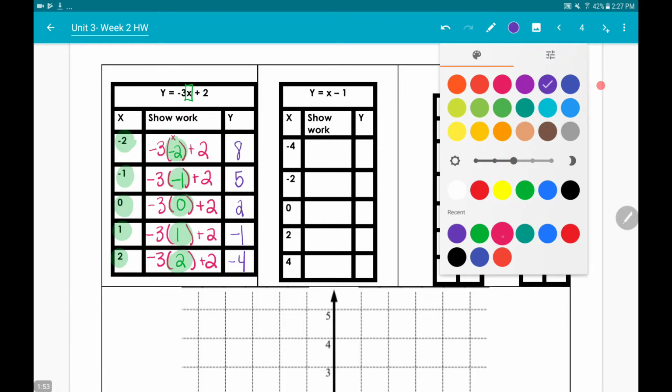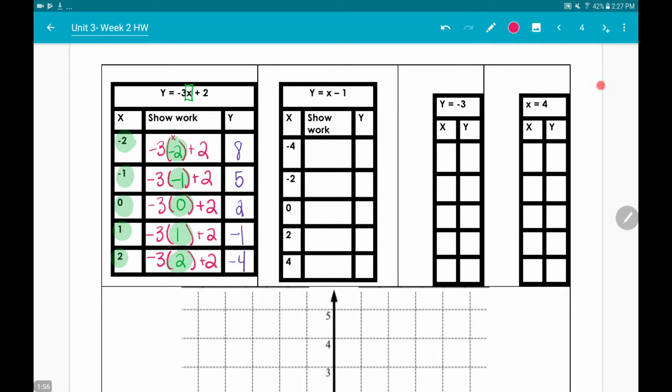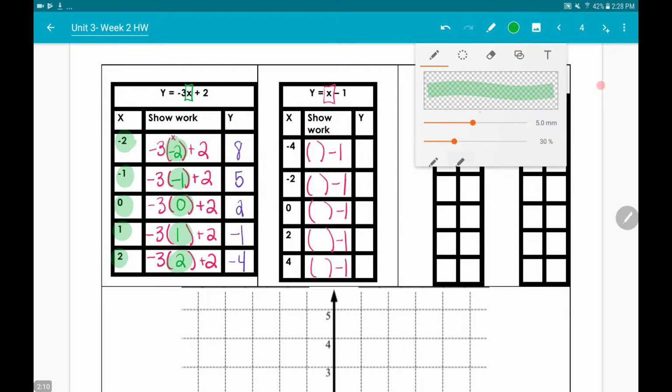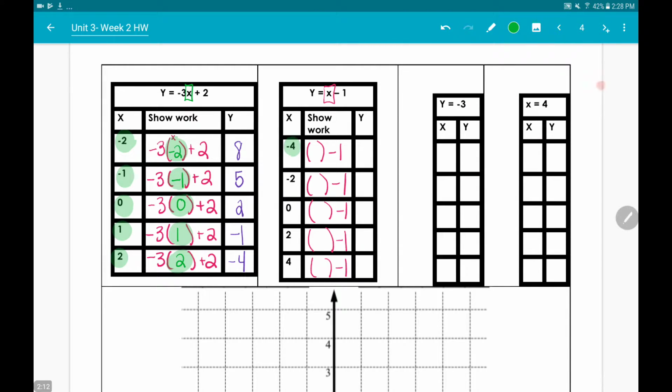So we're going to do the same exact thing. I'll even use the same colors. So I'm replacing the x, so now it's going to be x minus 1. Okay, so this time I'm going to replace these x values. And notice how for different functions the x values might change. So these x values are -4, -2, 0, 2, and 4.